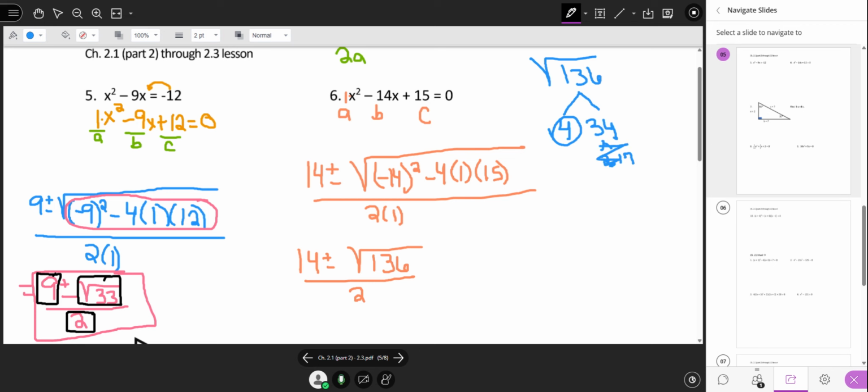So I'm going to leave that as 34. The square root of 4 is 2.